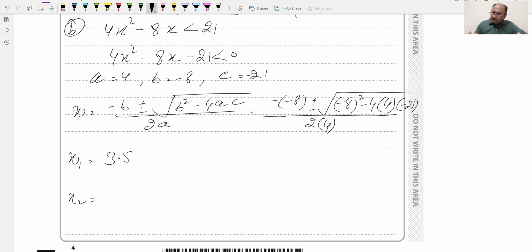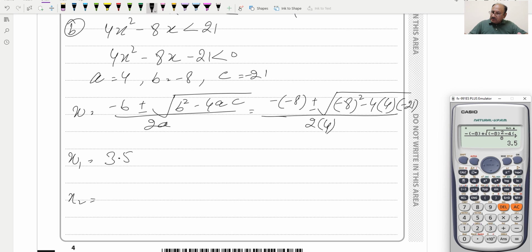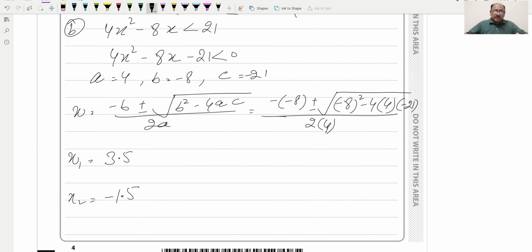So one value will be 3.5, and for the second value we will replace plus by minus, and we will get minus 3 by 2 or minus 1.5. So these are the two values which we are getting as our answers. One is this one, second is this one.